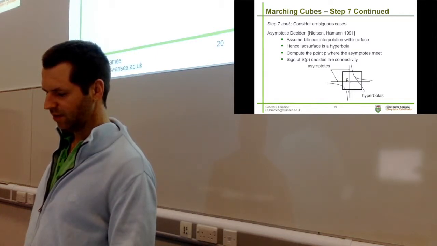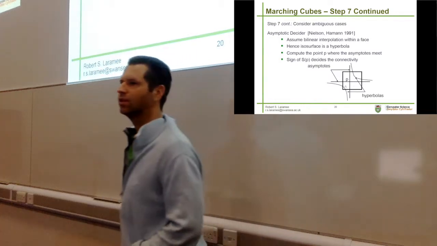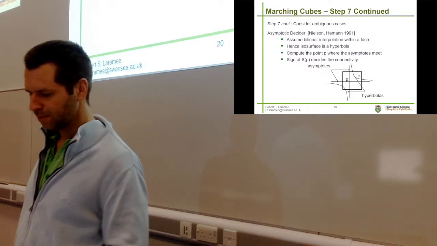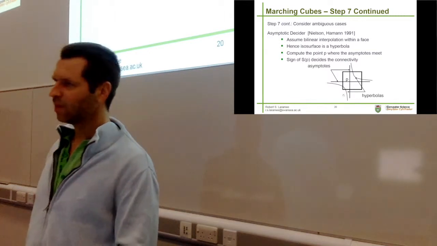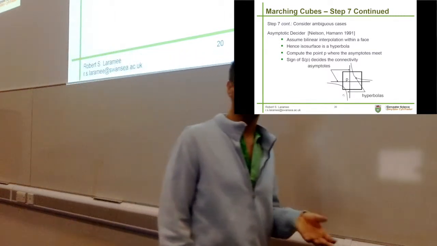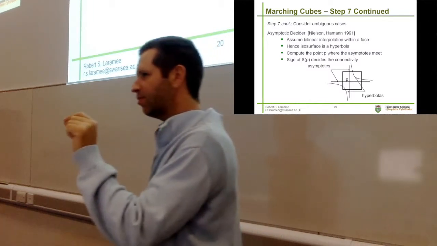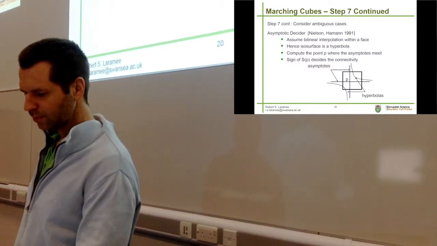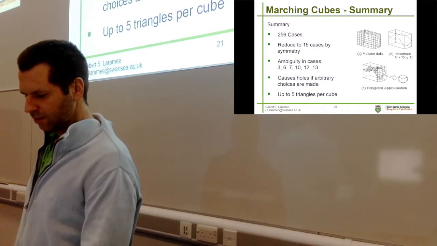If the sign of this point is consistent with these two, it means we have the other configuration that's shown in the other slide. It means this assumption is incorrect, and the surface passes through it this way instead. It's very similar to the subdivision. Just the point that you test is a little bit different. And that is it, basically.